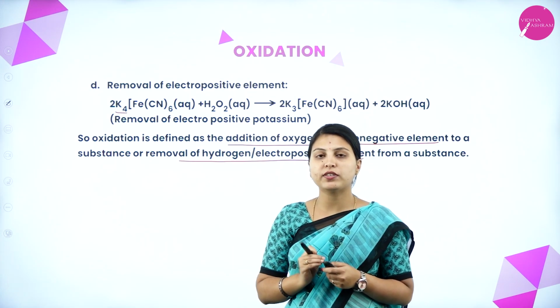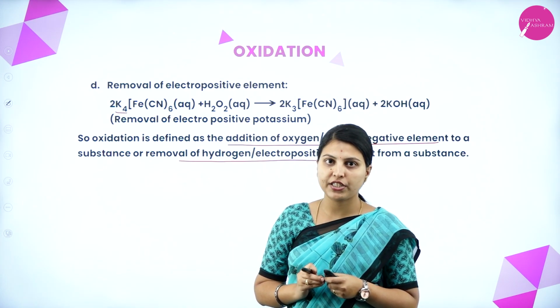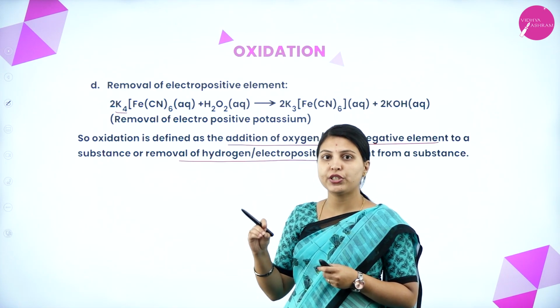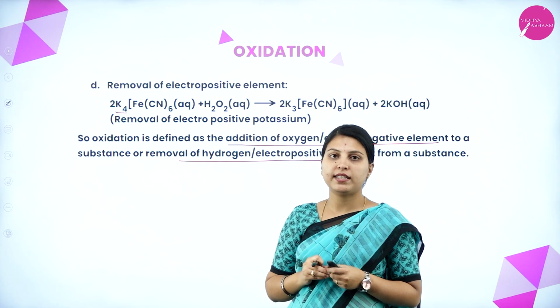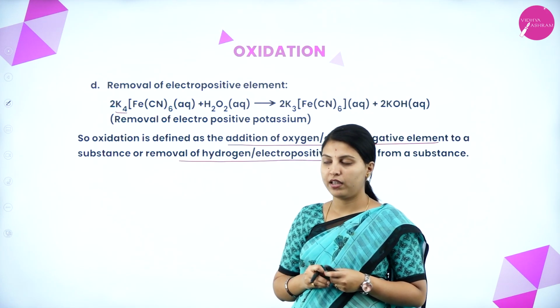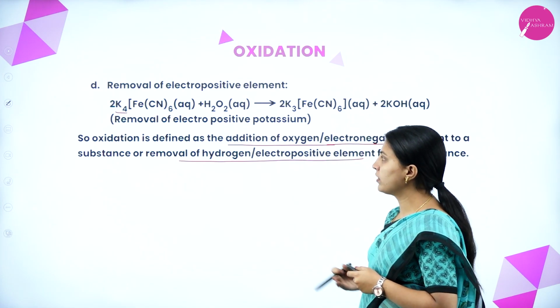So overall that process will be considered as oxidation, and the substance to which it is added or from which it is removed will be considered as oxidized. Okay, this is about oxidation.